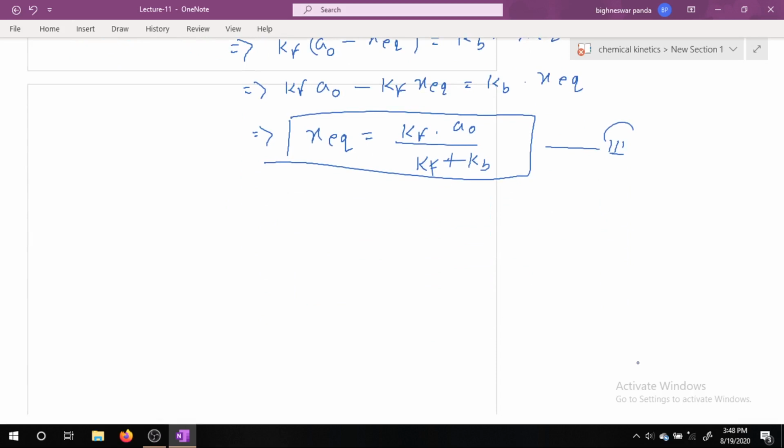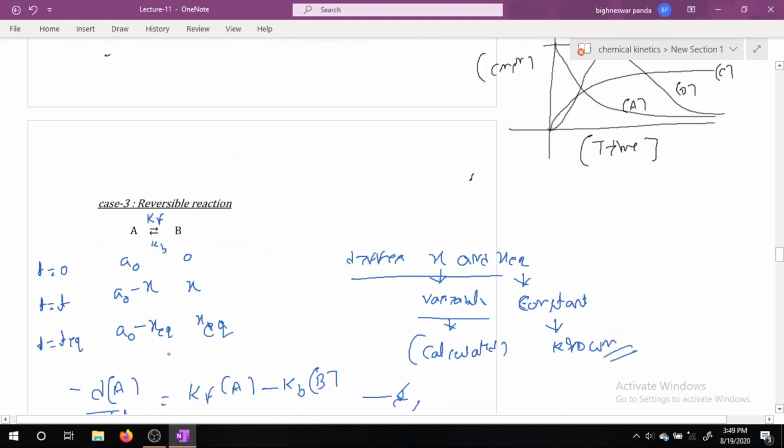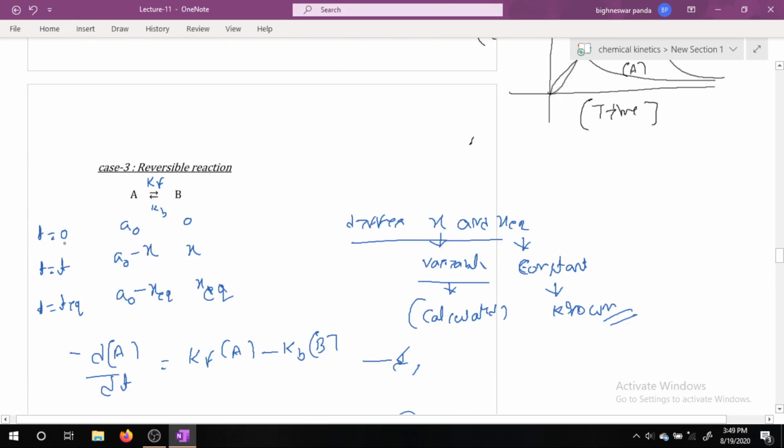And for any instant of time, minus dA by dt equal to kf A minus kb B. Why am I writing A naught minus x? Because I have to calculate it at any instant, and I have the concentration A naught minus x.